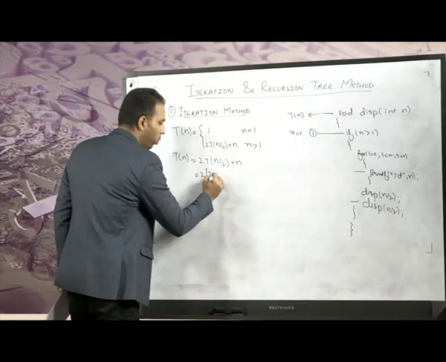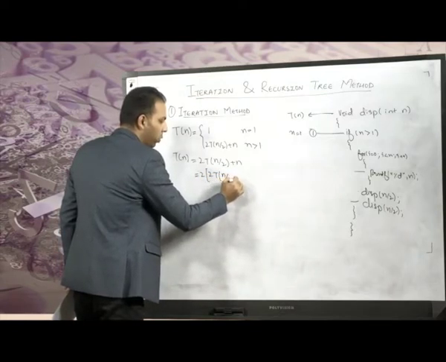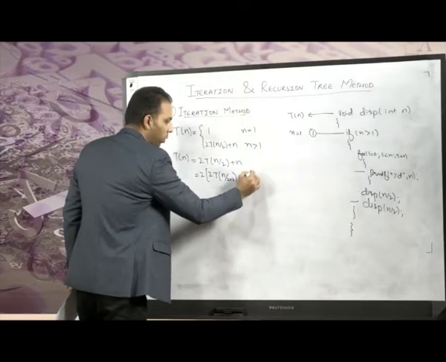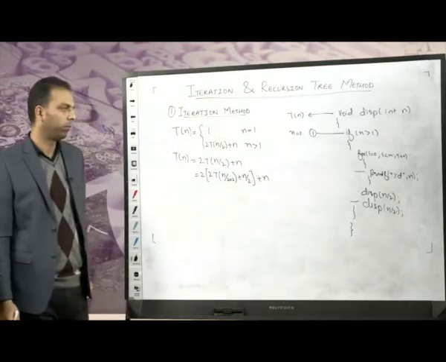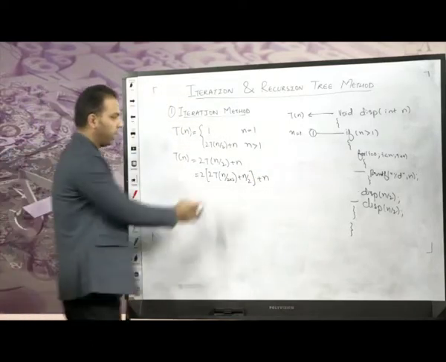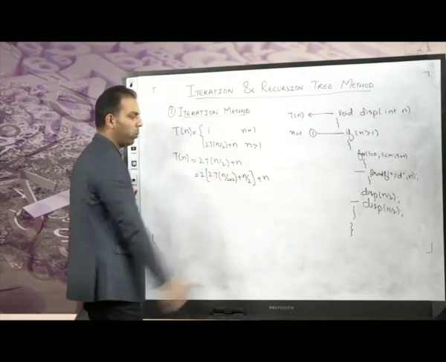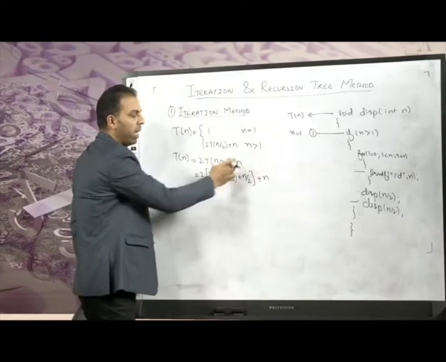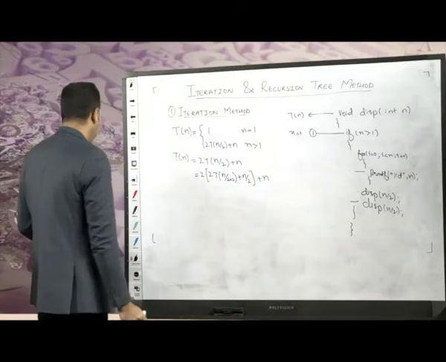So it will be 2T(n/2 multiplied by 2) plus n/2, plus n. I have simply opened this T(n/2), which will be equal to T(n/2 multiplied by 2) plus n. So for that n we'll be having n/2 and this n is outside as it was.